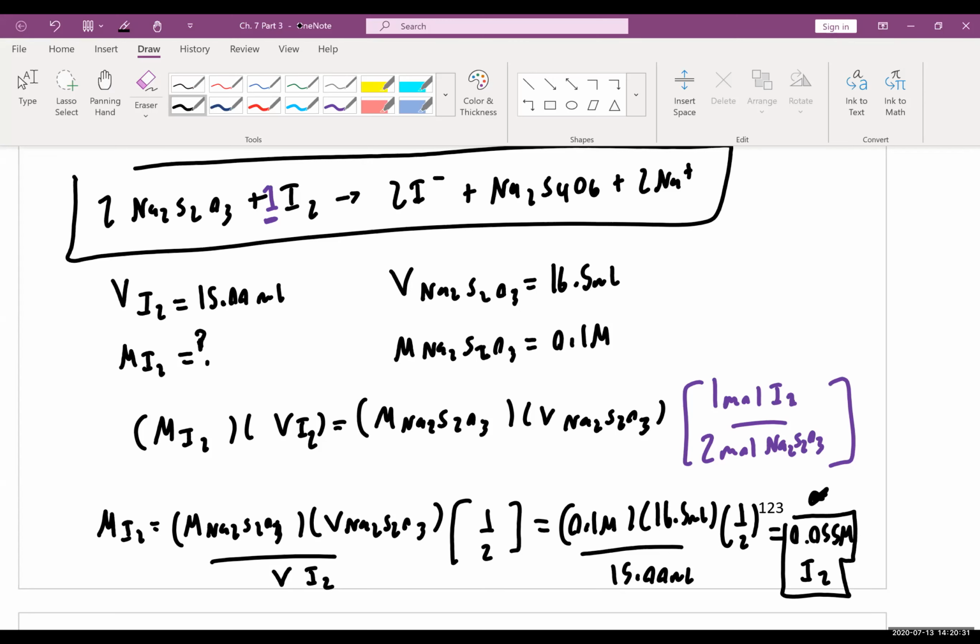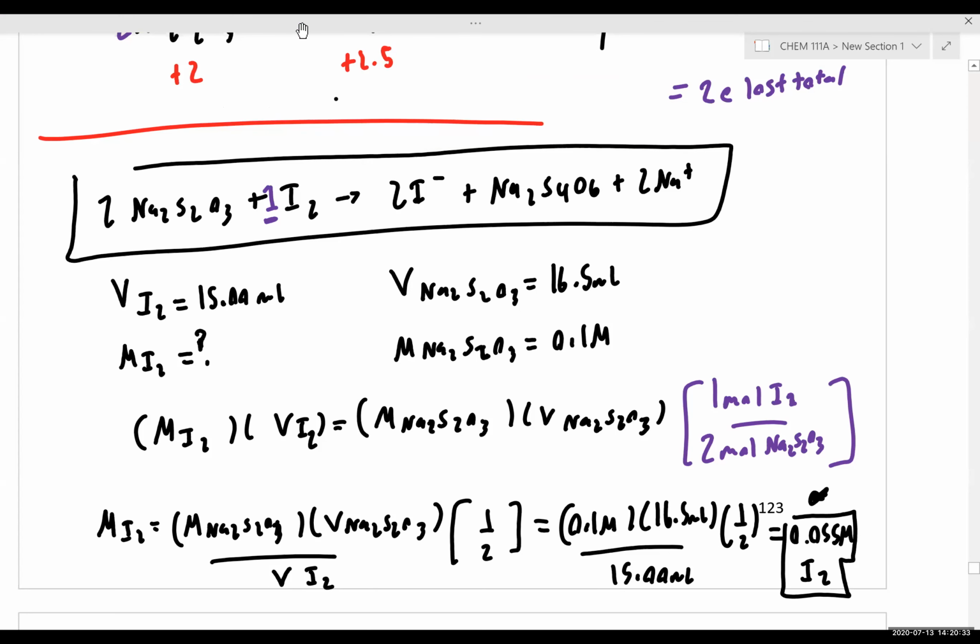As we see, the way that we handle redox titrations is exactly identical to the way that we handle acid-base titrations, except the way that you actually get your balanced equation is a little more involved. You have to balance the redox reaction. Any other questions on this example before we continue on?